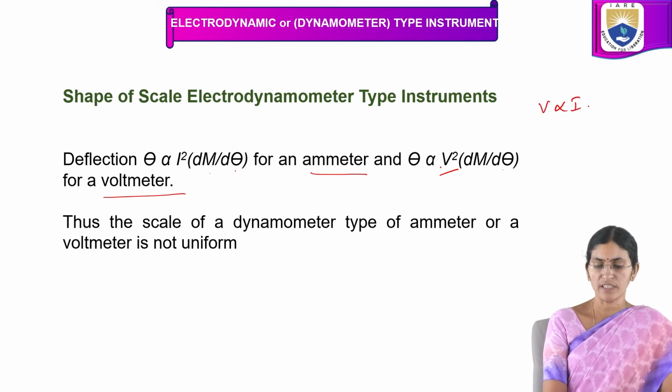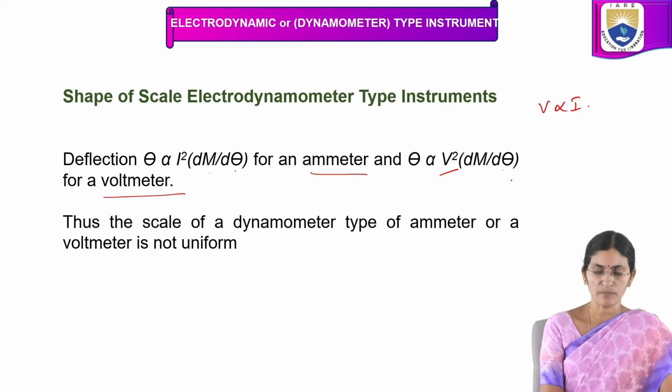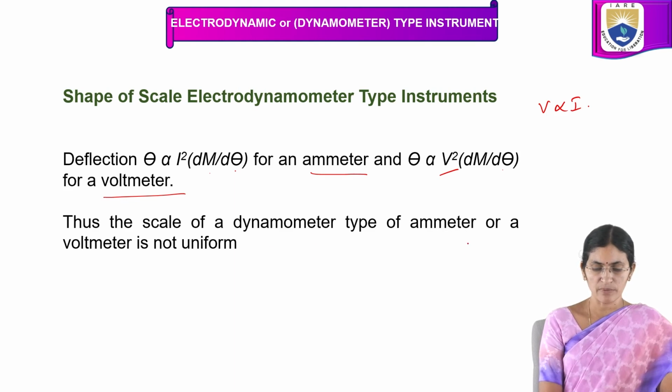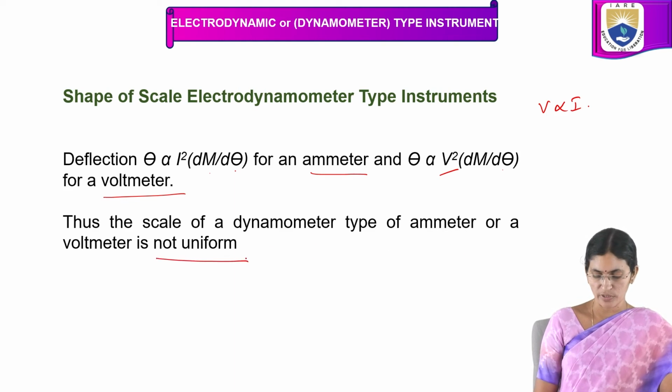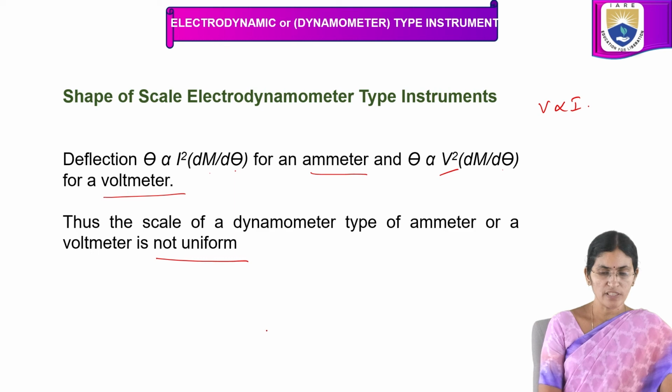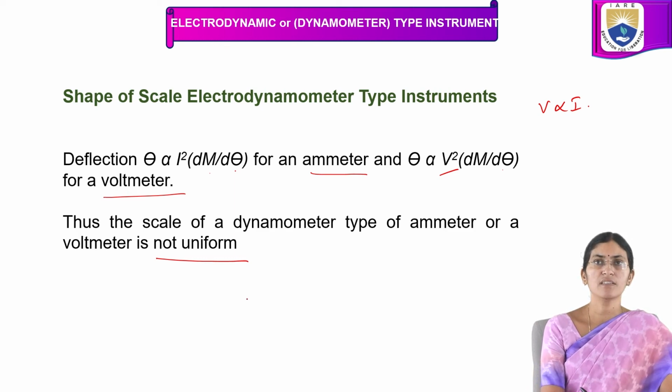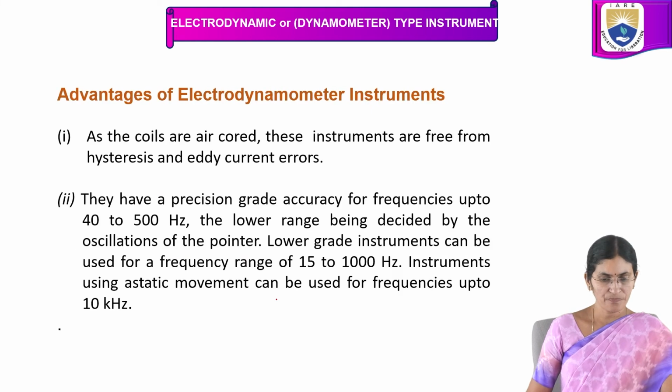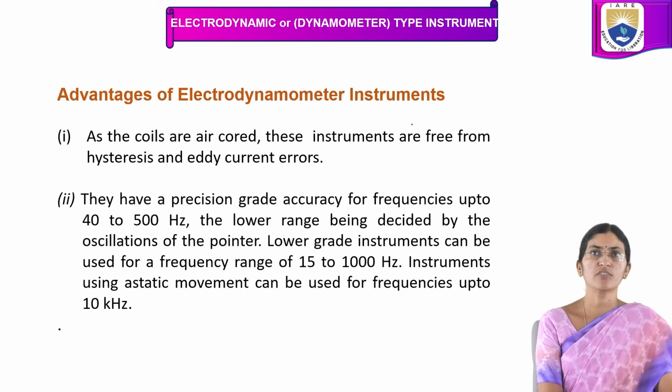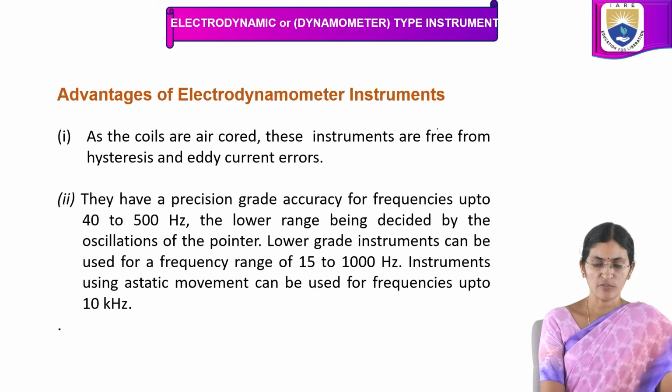So we can write theta proportional to I square dM by d theta. The scale of this dynamometer type ammeter or voltmeter is not uniform. When this instrument is used as a wattmeter, the scale is uniform.